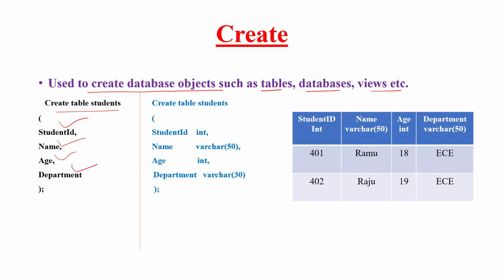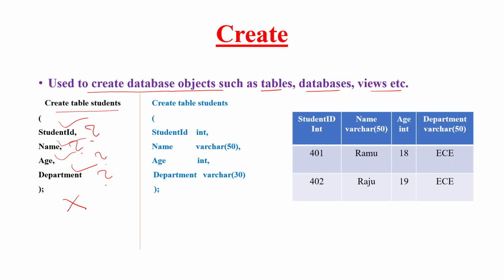If we run this code in SQL, it will throw an error because the data type is missing here. That is, the student ID data type is missing, name data type is missing, age data type is missing, department data type is missing. That's why it will throw an error. So this is not the right approach.